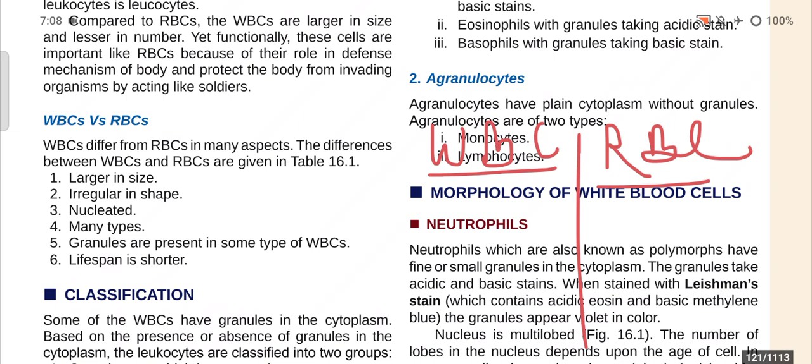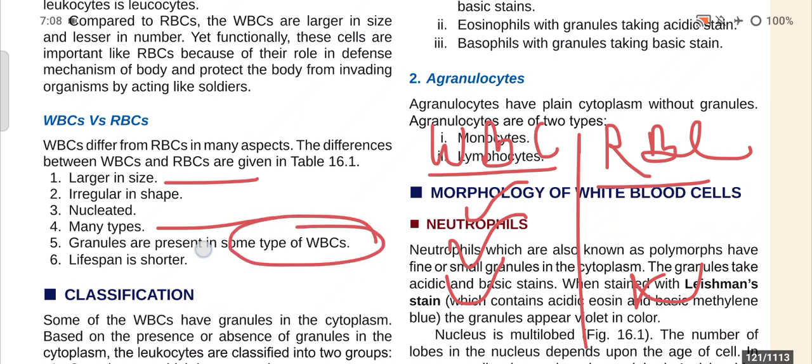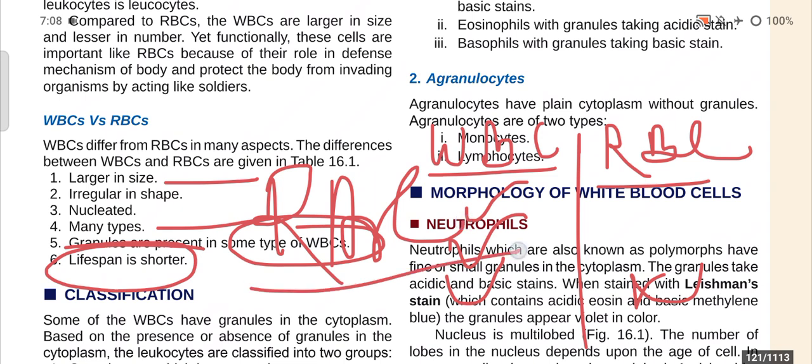We'll go to the table also. The differences are: WBC is larger in size. It is irregular in shape. It is nucleated. RBC is non-nucleated. It has many types, and the granules are present in some of the WBCs, and lifespan is shorter. And RBC has a greater lifespan.